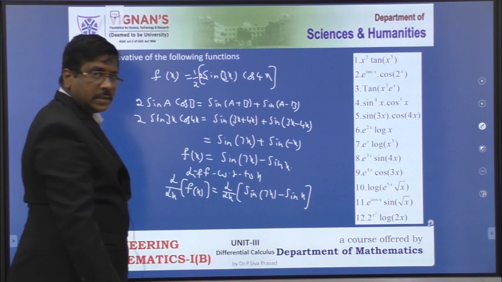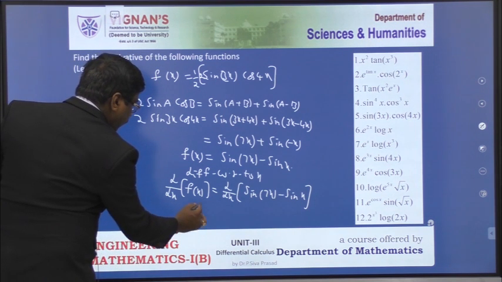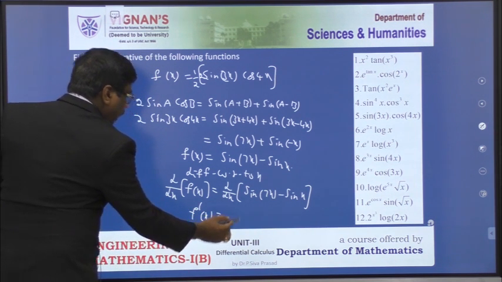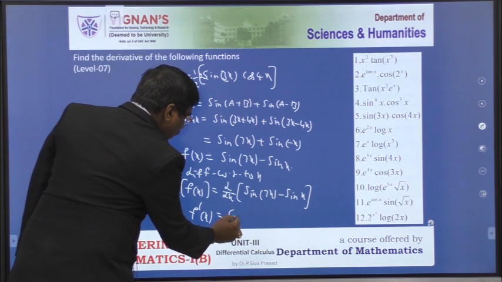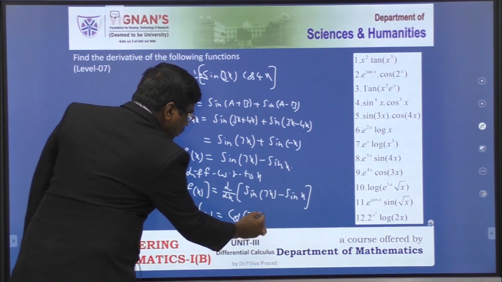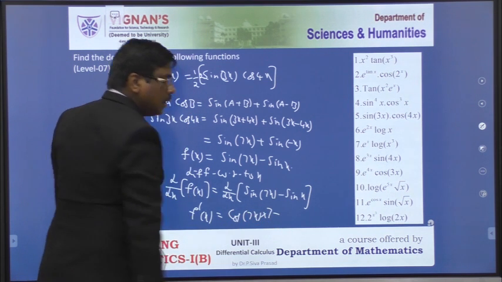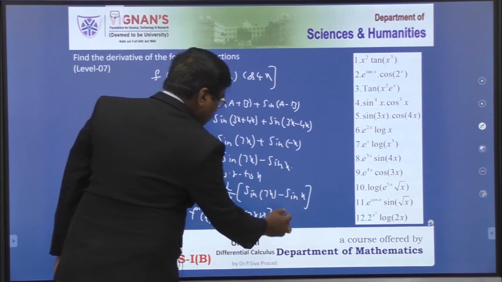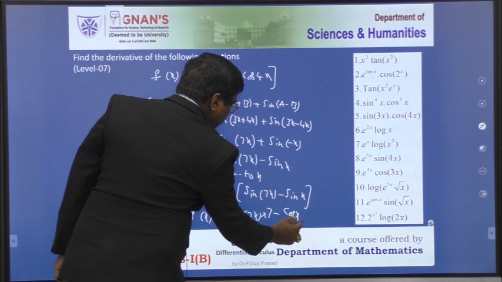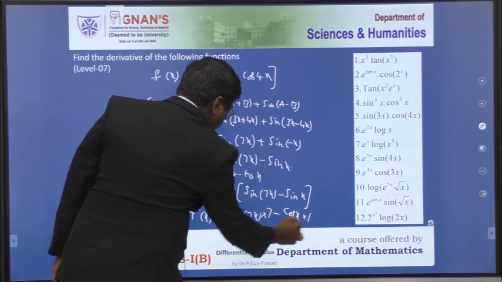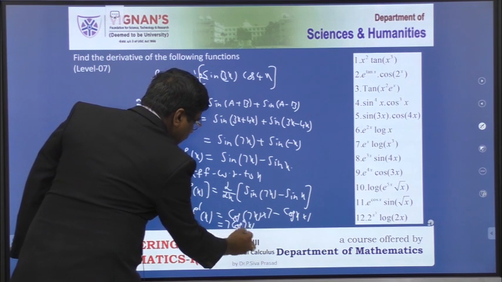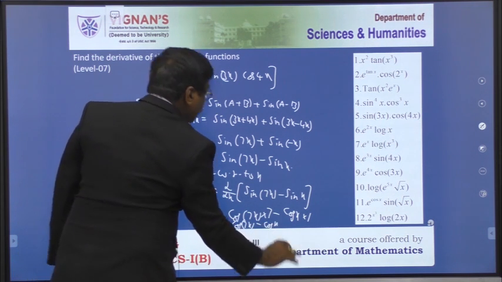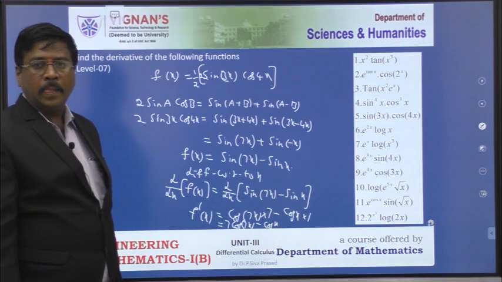So f dash of x is equal to d by dx of sin 7x, that is cos of 7x into the derivative of 7x, which is 7, minus the derivative of sin x, which is cos x into d by dx of x, which is 1. Therefore this is equal to 7 cos 7x minus cos x. This is the derivative of the given function.